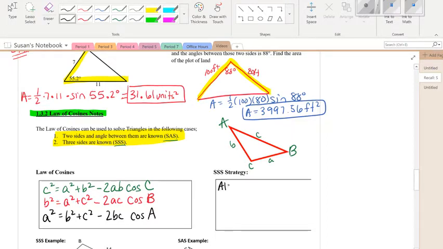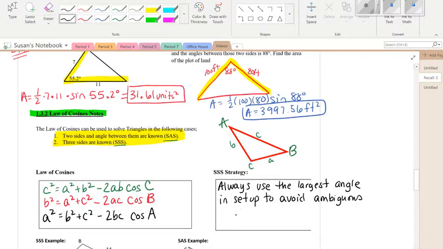Always use the largest angle in setup to avoid the ambiguous case when changing to law of sines.